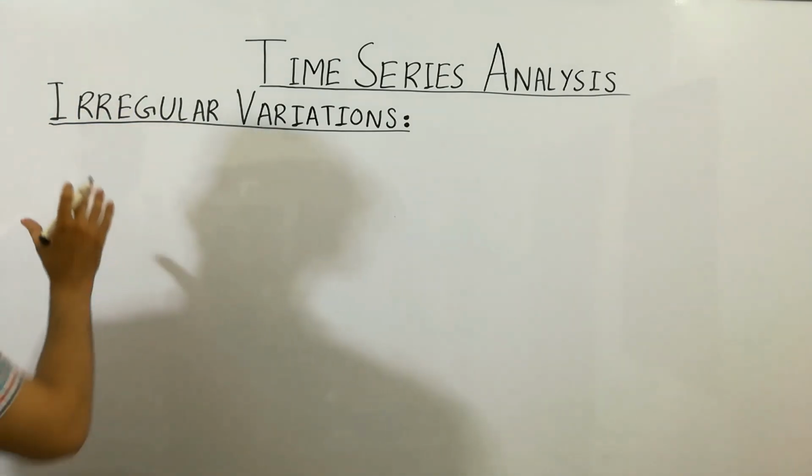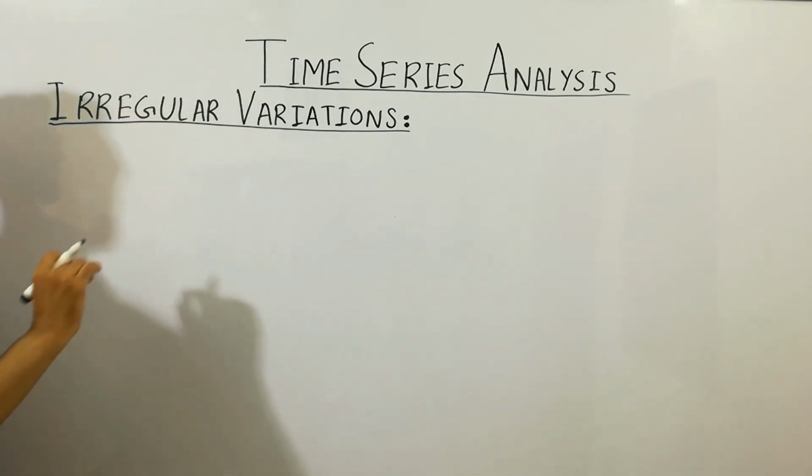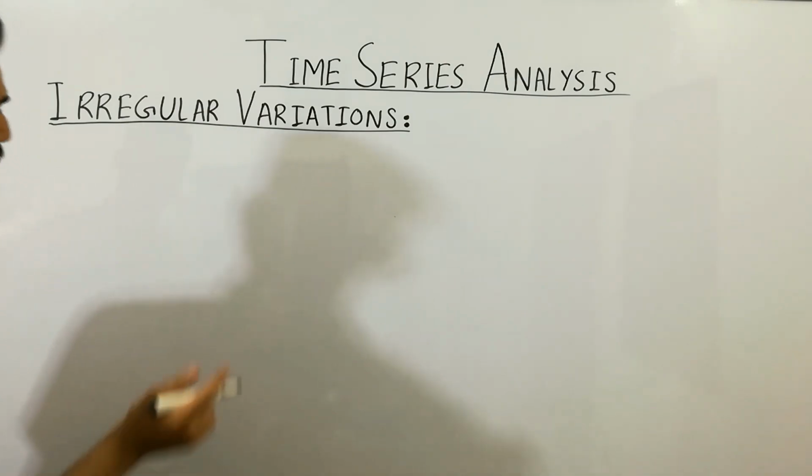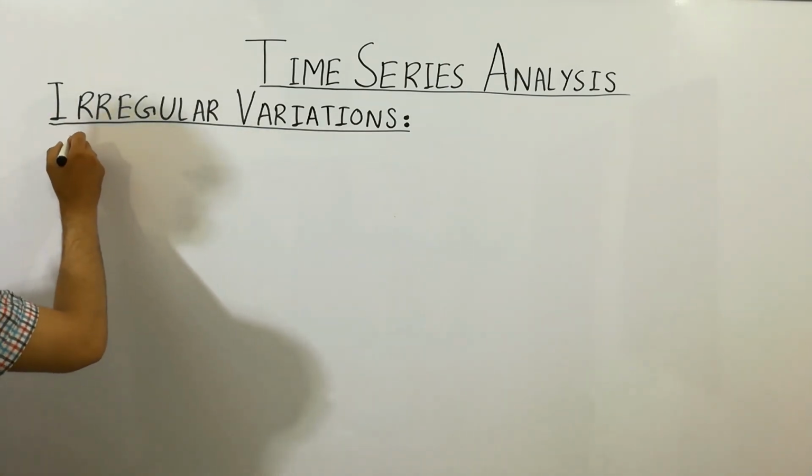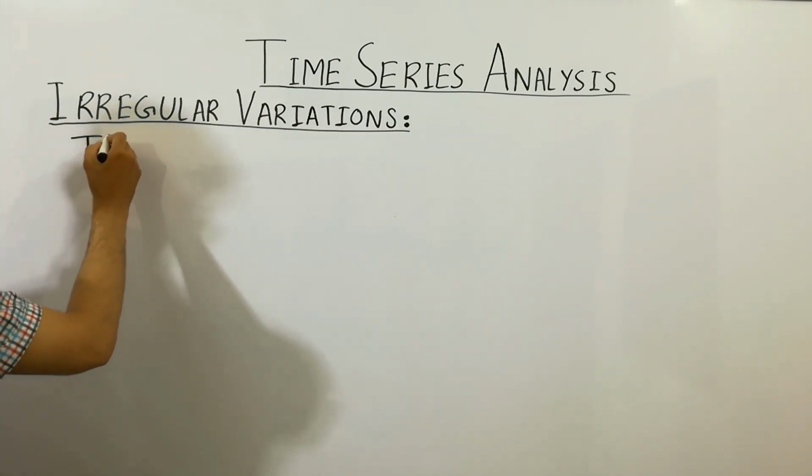Definition of irregular variations with real life examples. So let's start. Very easy definition.